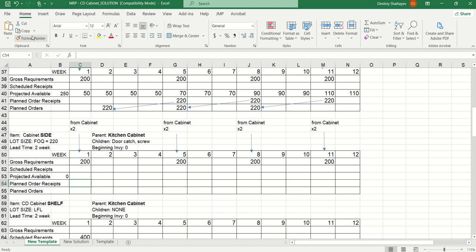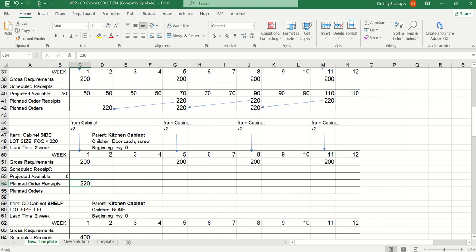Which means that I need to receive standard quantity, which is, by the way, 220, right? Fixed ordering quantity. So I should plan to receive this very week, where I am currently, 220 units. But when should that be ordered? 2 weeks ago, right? I'm standing in week 1, so that should already be ordered, right?